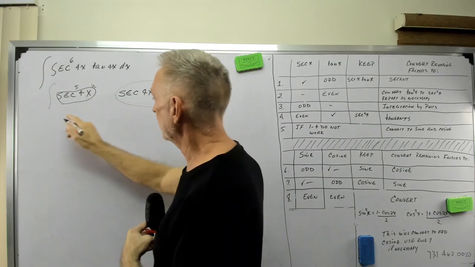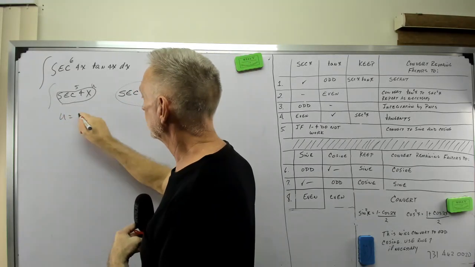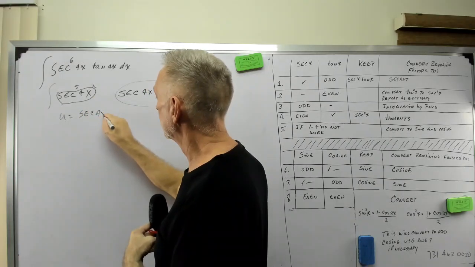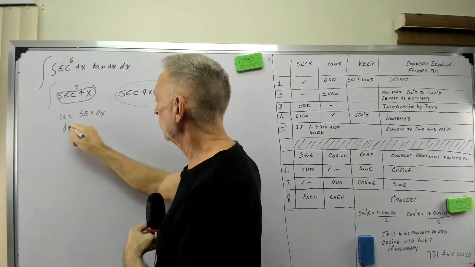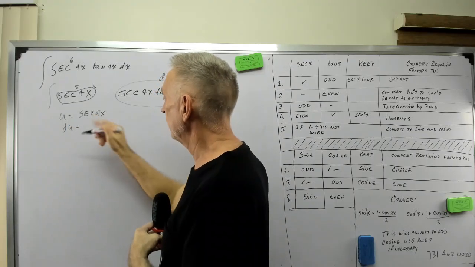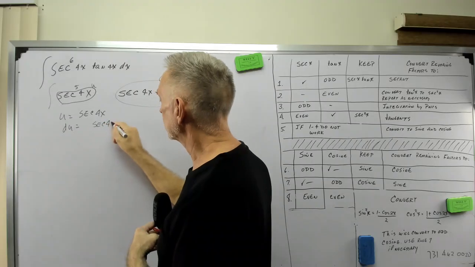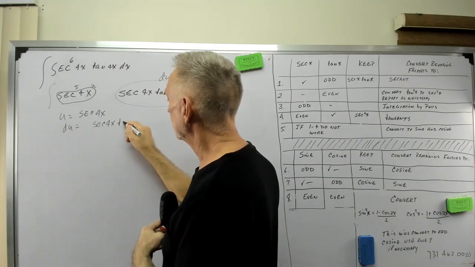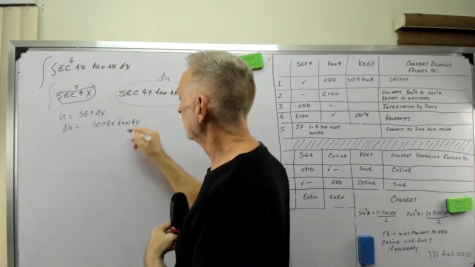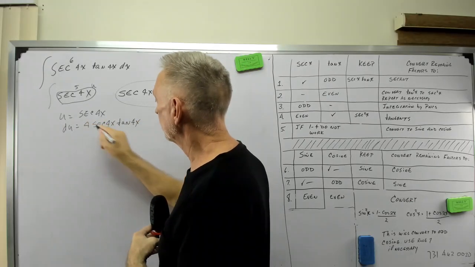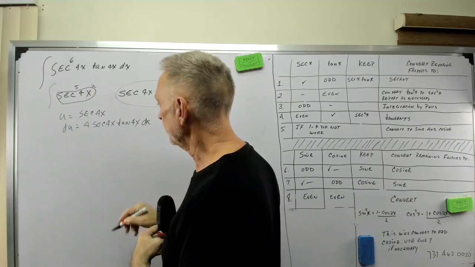So that's my plan. Let's say u equals secant 4x. Then du equals, what's the derivative of secant 4x? It's secant 4x tangent 4x times 4, I'll put the 4 here, dx.